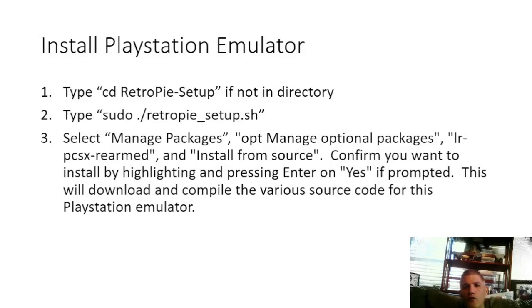We're going to select opt, which is manage optional packages. Then we're going to select lr-pcsx-rearmed, however you want to read it. Rearmed sounds a lot nicer. And then we're just going to select install from source, and confirm that we want to install by highlighting yes, and I will show you that in the following screen recording.